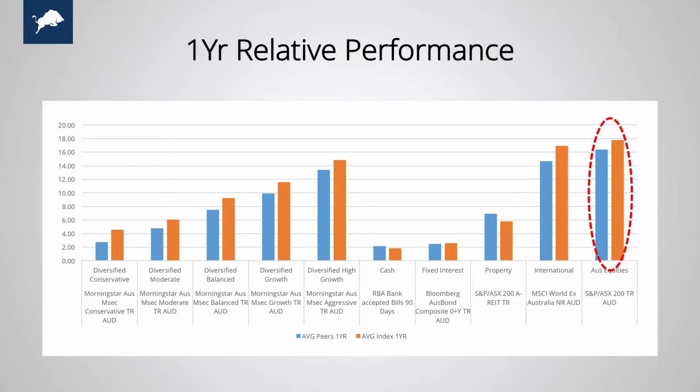Of course, a more conservative or moderate portfolio is going to have more exposure to cash and fixed interest than the growth portfolio. So that high growth portfolio, you're looking at that to be made up of higher proportions of our growth asset classes, which are property, international equities and Australian equities. So that's what's in those portfolios on the left-hand side there.